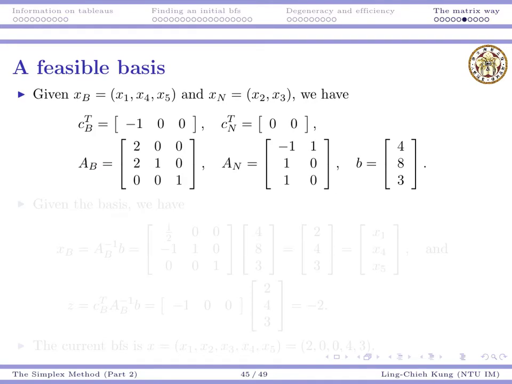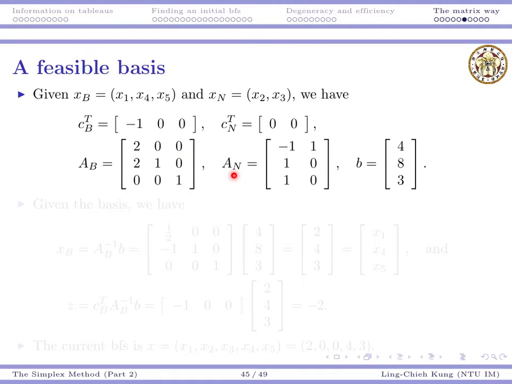Suppose, for no reason, I tell you that I want to try this particular basis xB, which is x1, x4, and x5. Then xN is certainly x2 and x3. Then we do a split like this. For AB, I collect the first, the fourth, and the fifth columns in the matrix A, which are exactly these three.